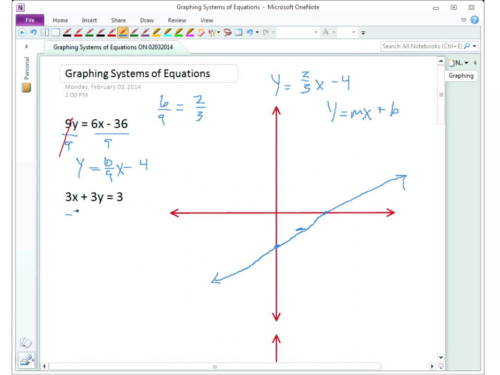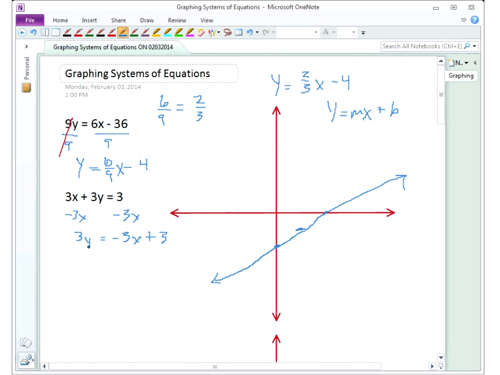All right. So for this one, I'm going to subtract 3x from each side. That's going to leave me with 3y equals negative 3x plus 3. I could have written 3 minus 3x, but I want it in slope-intercept form, so I want my term that has the x variable on the left.